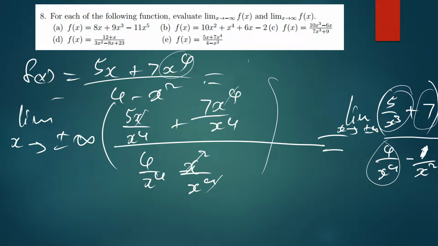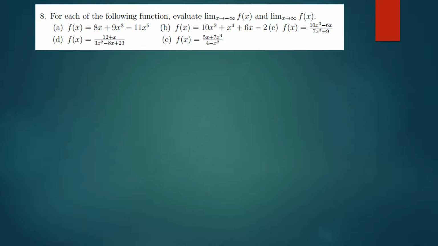When you've been asked to find such a limit, you use what is known as L'Hopital's rule. So this one, you can say the limit does not exist, or it's indeterminate, but you use L'Hopital's rule to find this limit. So what do you do?